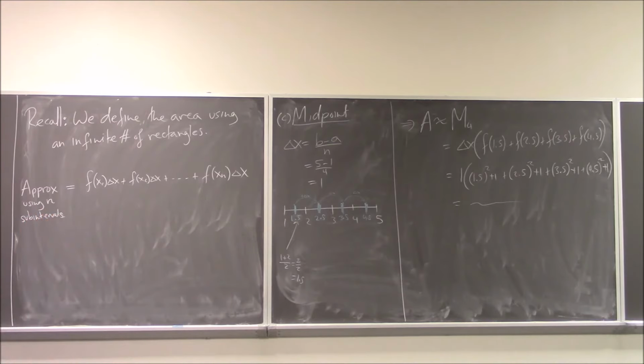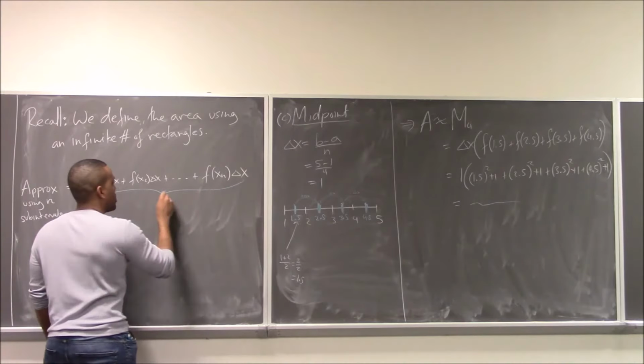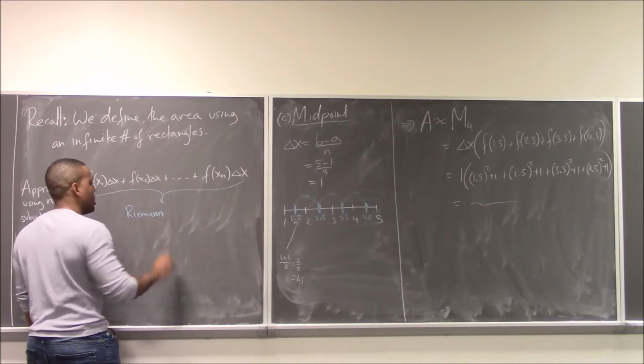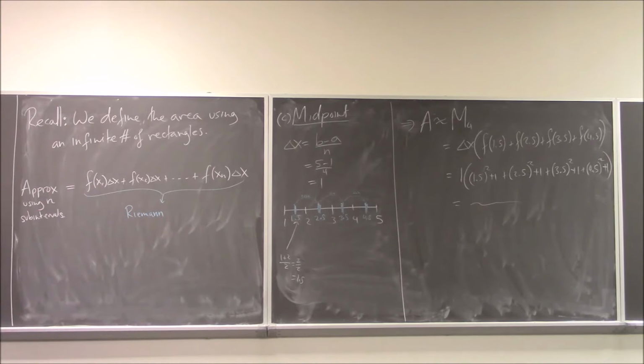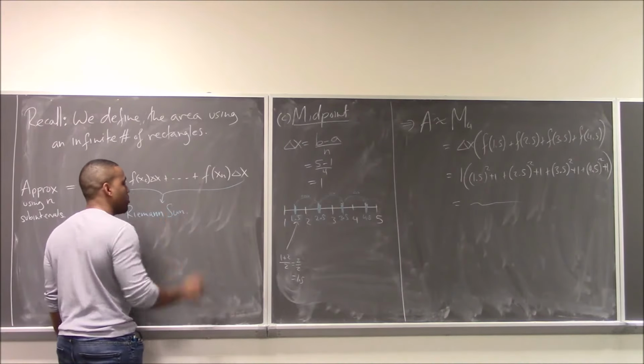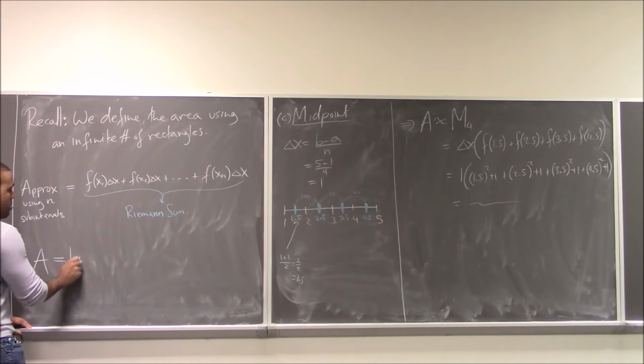By the way, this has a name. So this thing here is called a Riemann Sum, named after a mathematician named Riemann, very influential, has a lot to do with the calculus that we're doing today. And so now, basically what we want to say is that the area is defined to be the limit, and now here's where calculus is coming in, of this Riemann sum.